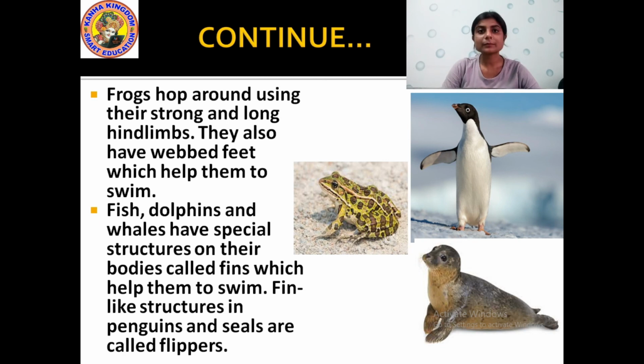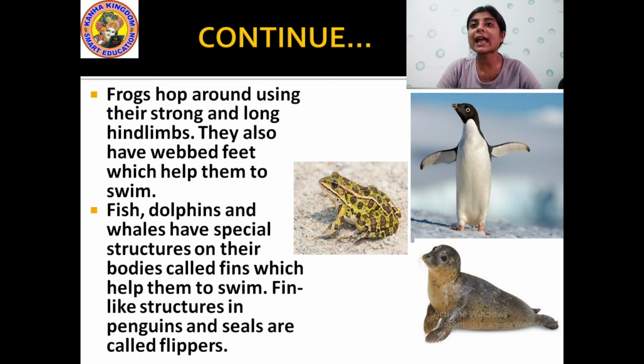Okay. Then fish, dolphins and whales have a special structure on their body called fins, which help them to swim. How do fish, dolphins and whales move inside the water from one place to another? They move with the help of fins. Okay? Then the fin-like structures in penguins and seals are called flippers. You can see in the picture.